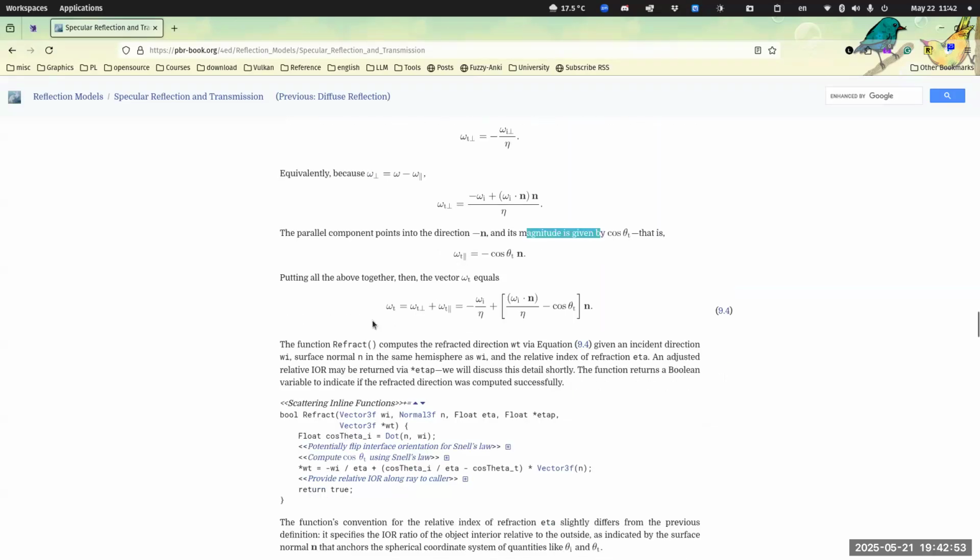So the function refract computes the refracted direction omega t via equation 9.4, given the incident direction omega i, a surface normal in the same hemisphere as omega i, and the relative index of refraction eta.